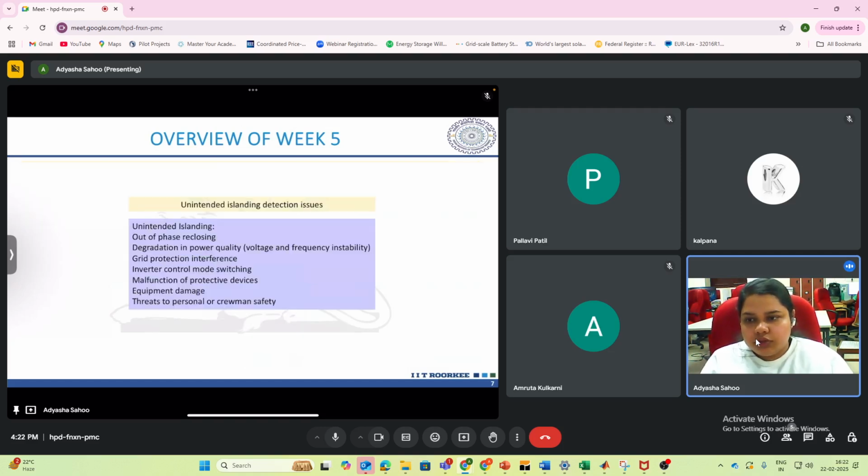So, what are the issues of this unintended islanding? First is out of phase reclosing. What will happen because of unintended islanding is, let's say earlier this was the grid, and to it you had a microgrid connected here.